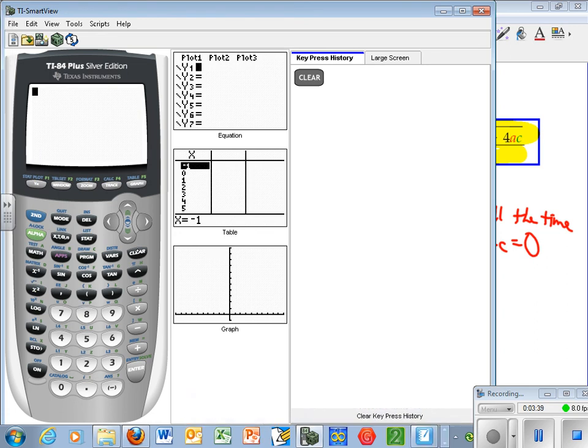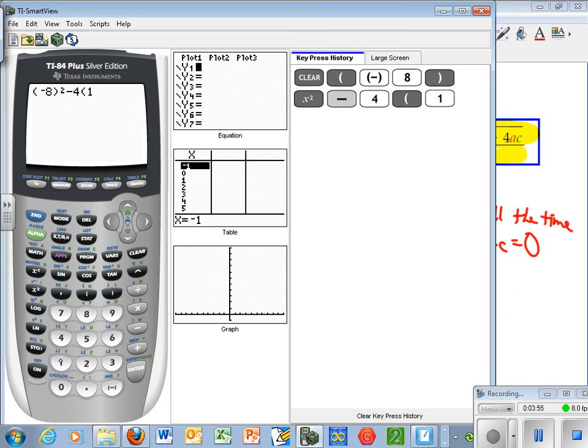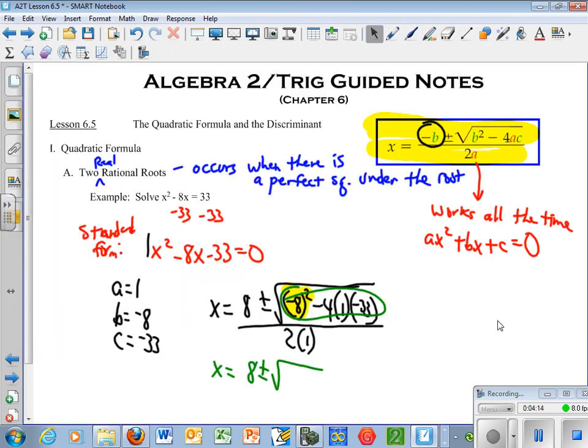I have, in parentheses, negative 8 squared minus 4 times, and I'm going to go ahead and put the 1 inside there, times 1 times negative 33. And notice how I'm typing that in. So that's 196. So if we go back to the screen, I get 196 underneath the square root.